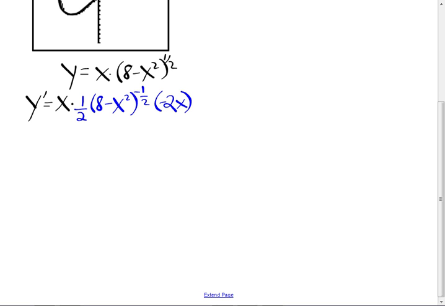Okay, are you doing this with me? And then it's plus. I don't like that fractional exponent, so I'm going to make it back to this.